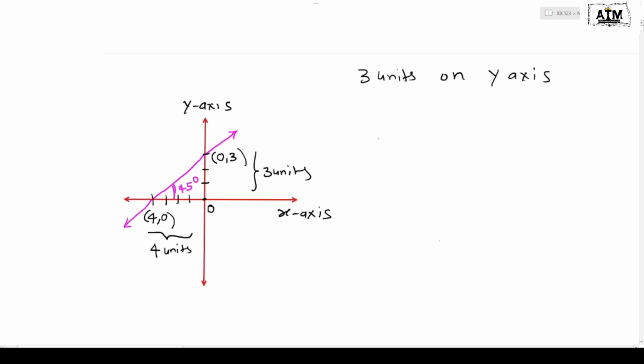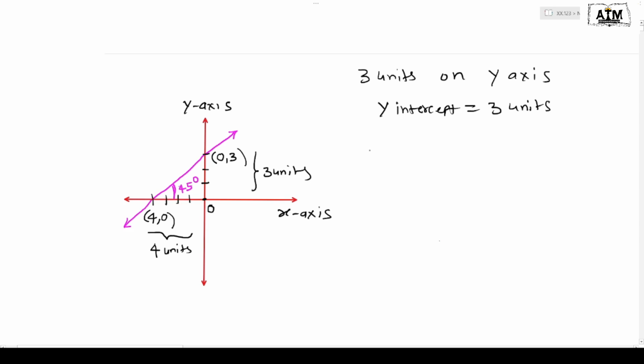So distance on the y-axis is 3 units. So we say y-intercept of the line equals 3 units. If it is in centimeter, then we say 3 centimeter. If it is in meter, we say 3 meters. So y-intercept of the line is 3 units.